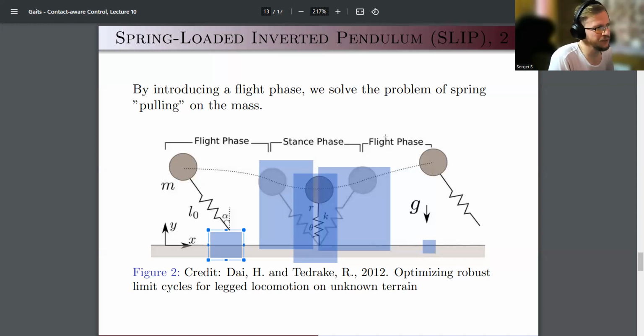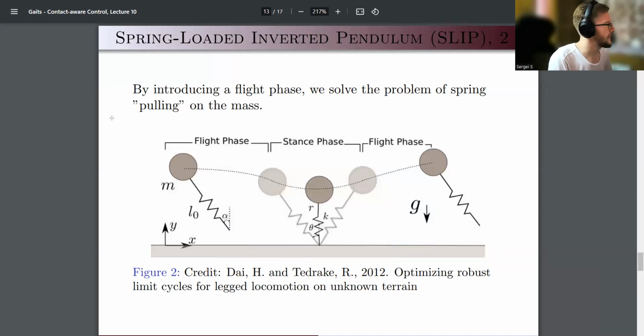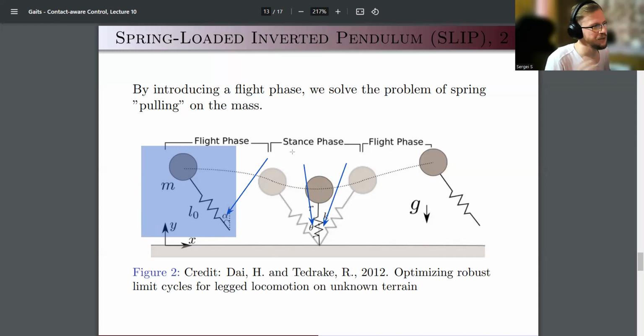That's like how you can make sense of it, right? But another way to make sense of it is just to say, okay, forget about the pendulum, consider this guy. We will only use the pendulum model to ascertain the angle alpha here. Nothing else is of interest. Other angles may be of interest, but they come out from the model.